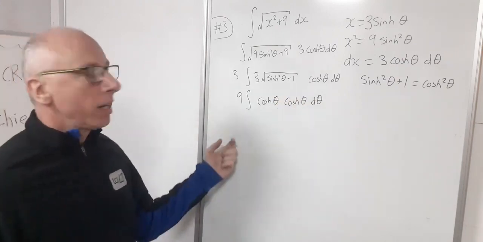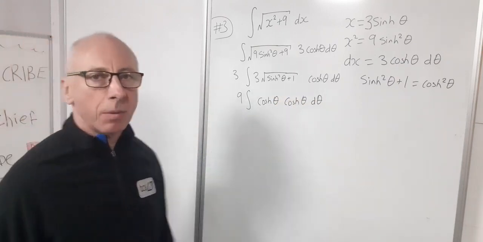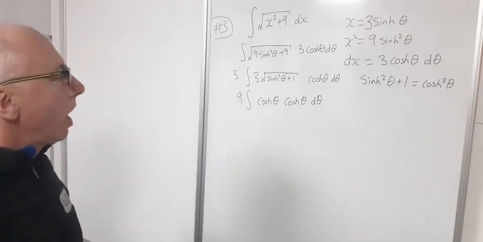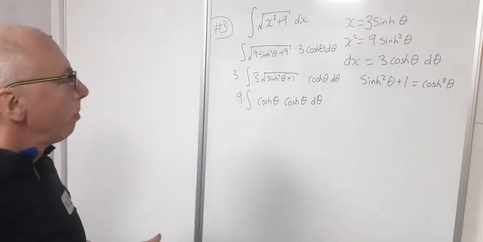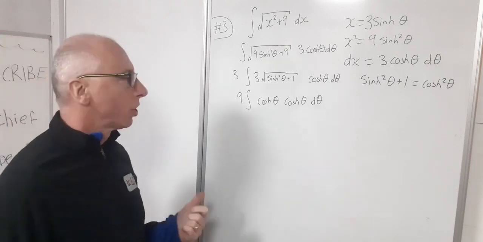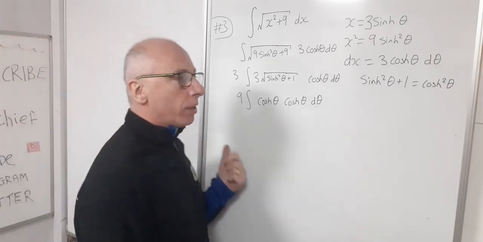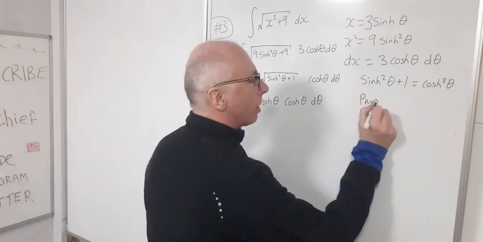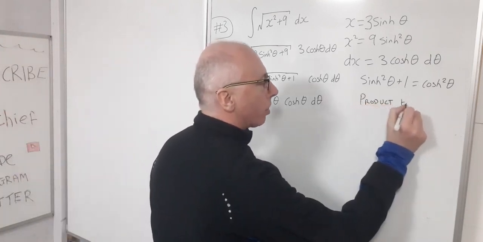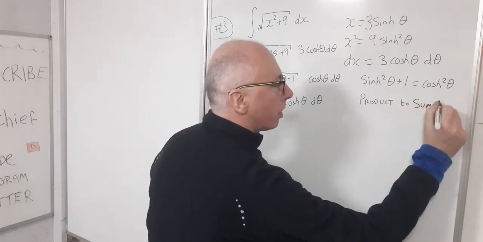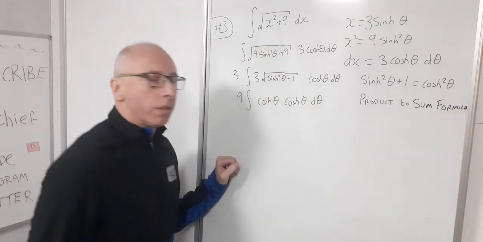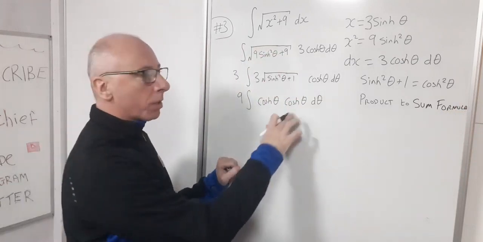Okay, now here's where we've got a different variation on how we're going to do this integral. Instead of going cosh squared theta, I'm going to use my product to sum formula for my hyperbolic functions. So the product to sum formula, so let's write this down on here. So there we've got cosh times cosh.